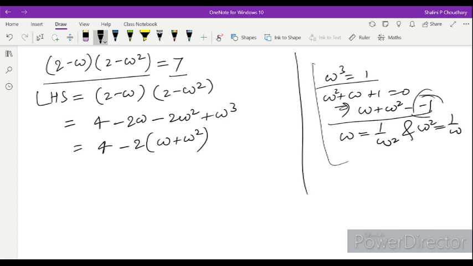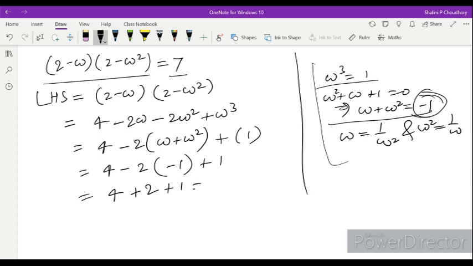We'll put this value directly, and plus omega cube, that is equal to 1. So 4 minus 2 into minus 1 plus 1, this will be equal to 4 plus 2 plus 1, which is equal to 7, that is equal to RHS, hence proved.